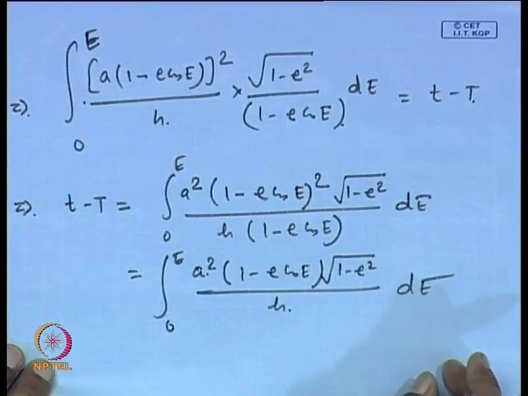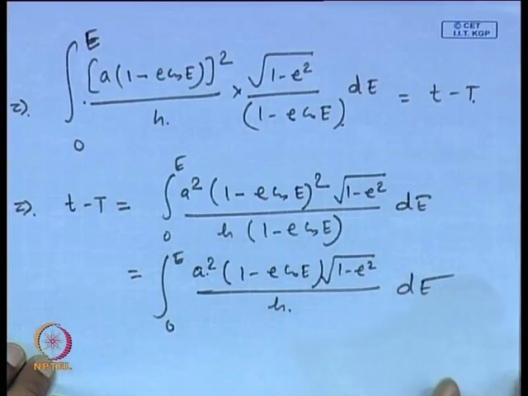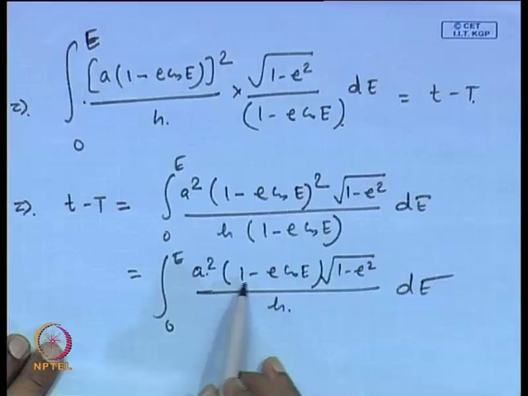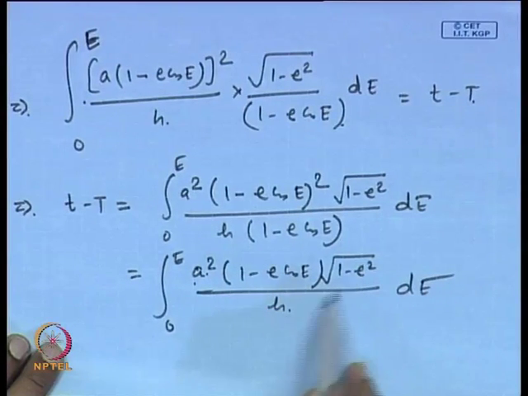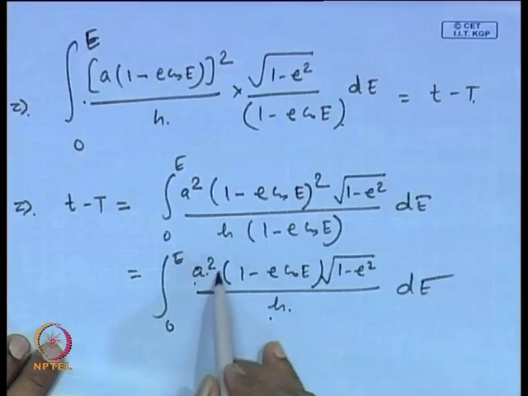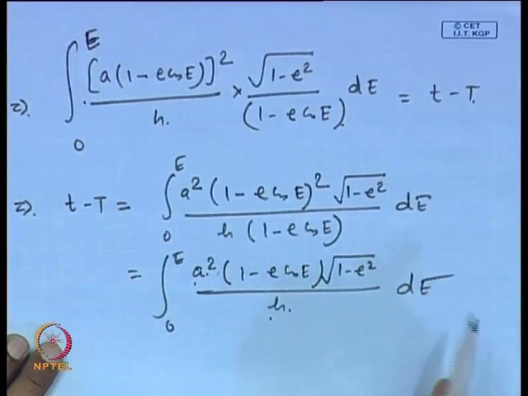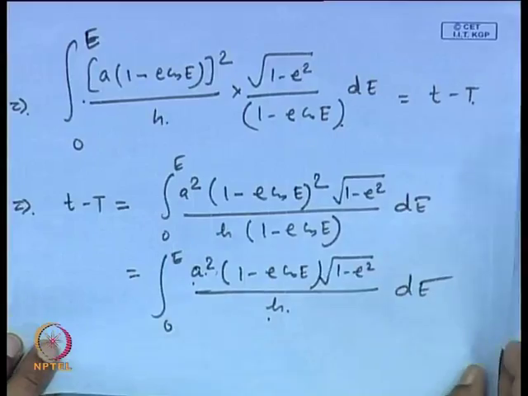Okay. So, a little bit more simplification we can do here, but it is very clear that this equation is simple, because a and e are constant and h is constant, and therefore the integrand appears very simple: 1 minus e cos E times dE, and we can integrate it and solve this equation.